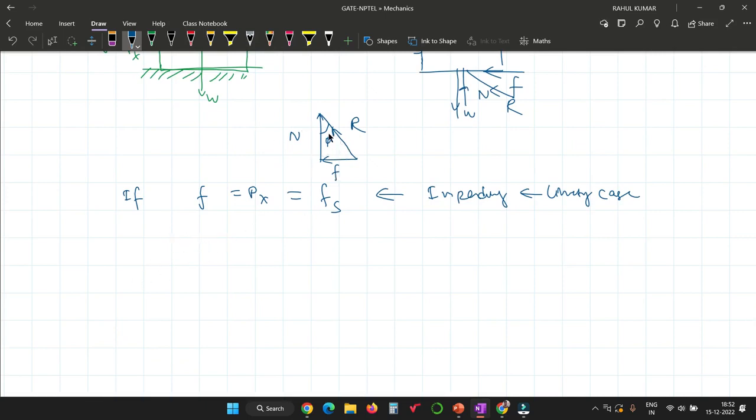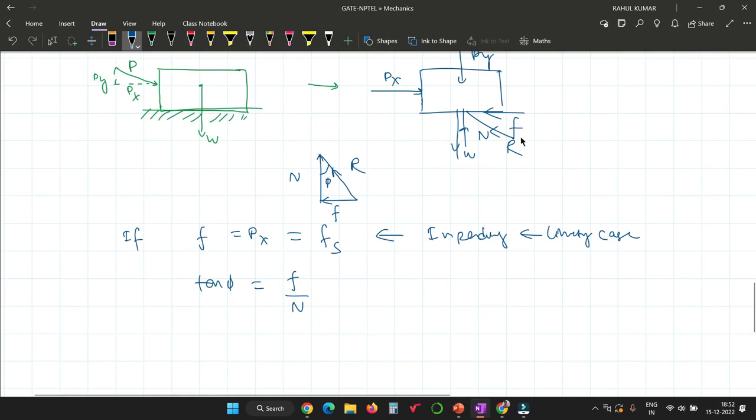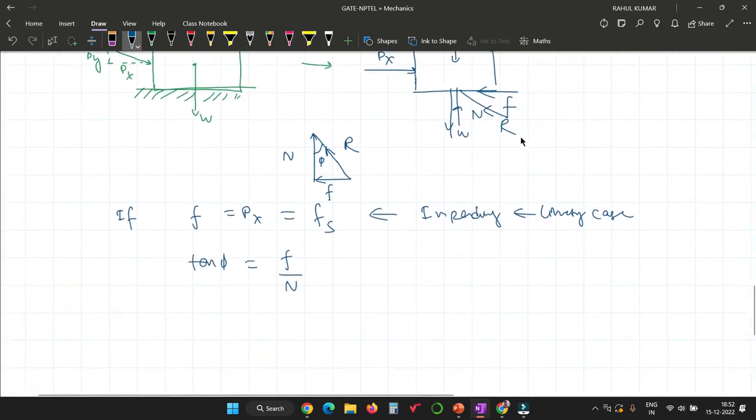Here, since you have drawn this triangle, if you take tan phi, tan phi equals perpendicular divided by base, so F divided by N. Since F is in the limiting case, F becomes Fs, and phi becomes phi s.